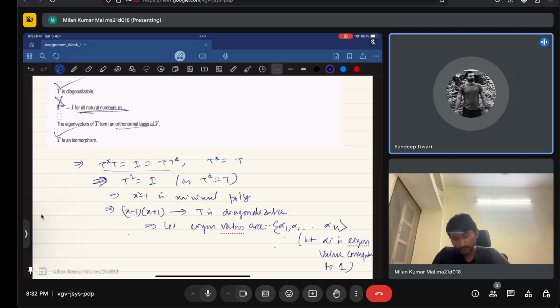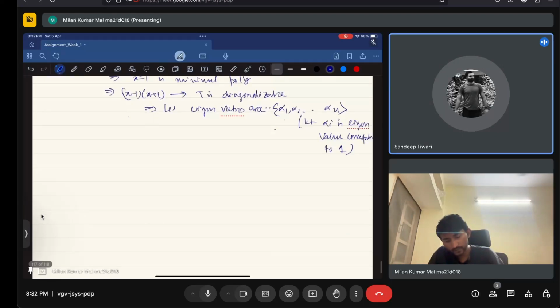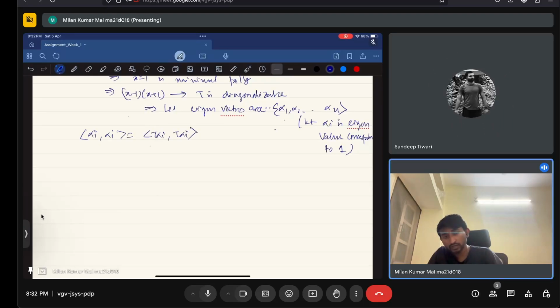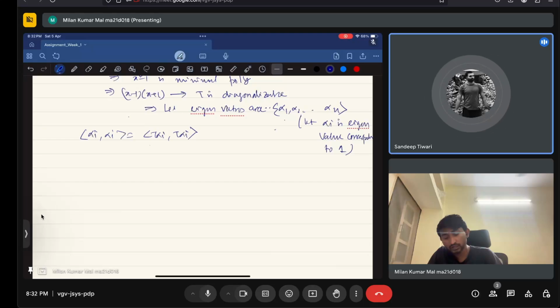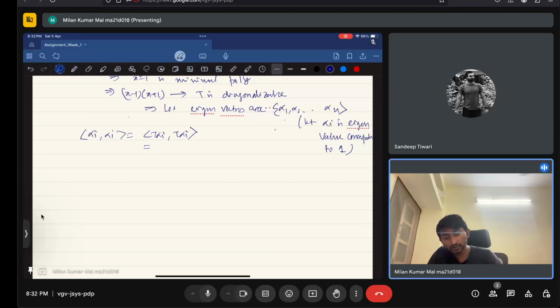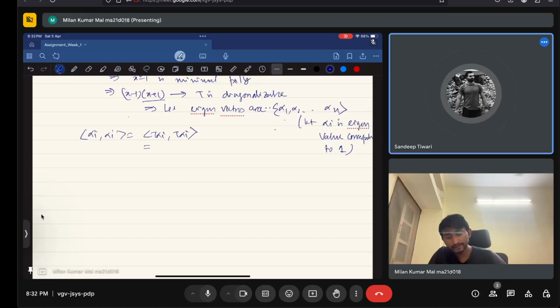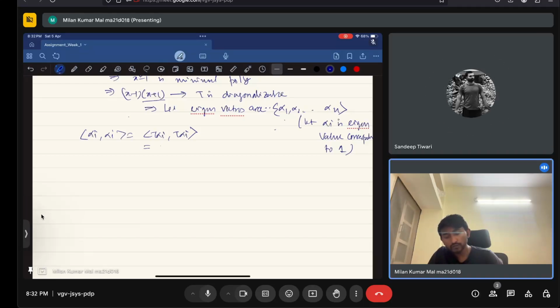Sir, if we write the inner product of alpha with alpha equal to T of alpha_i inner product T alpha, and since alpha is an eigenvector, T of alpha_i can be written as some lambda_i alpha_i, sir. But eigenvalues are only 1 and minus 1, right? Then it will correspond to either 1 or minus 1.